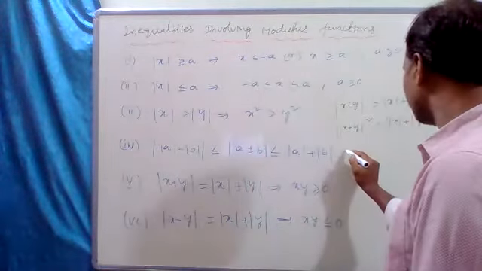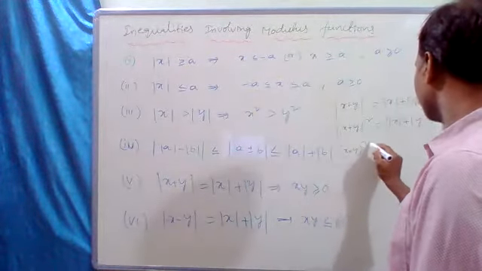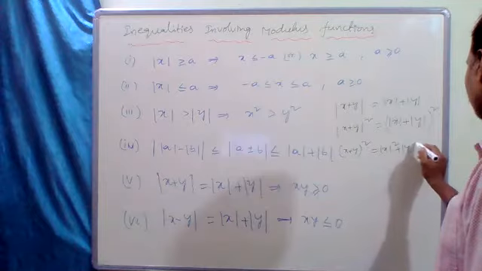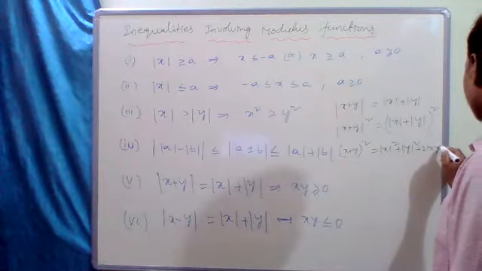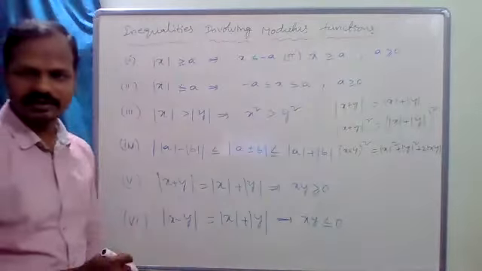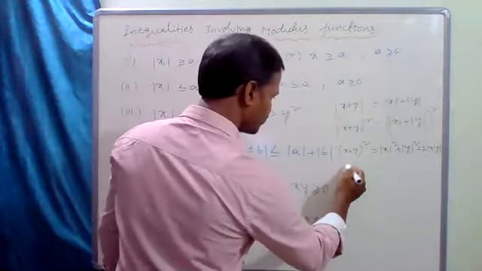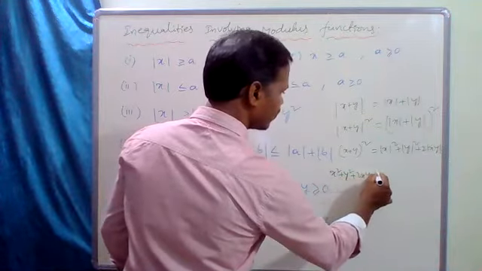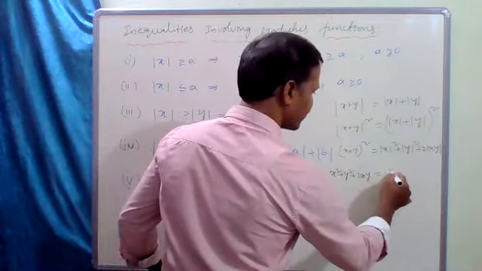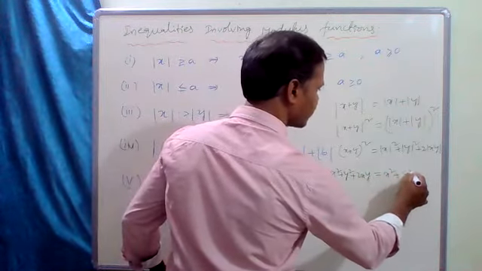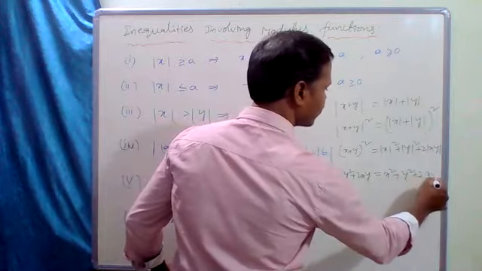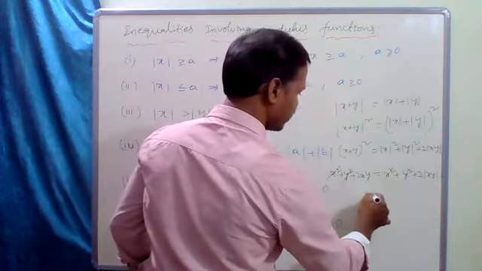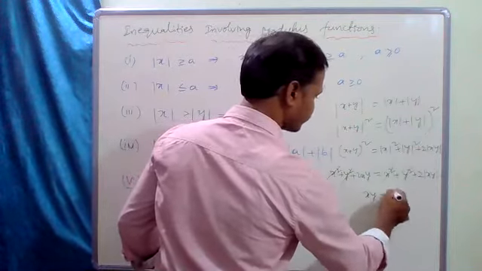So the left side is (x + y)², and the right side is |x|² + |y|² + 2|xy|. So this is x² + y² + 2xy = x² + y² + 2|xy|. So x² and y² will be cancelled on both sides, 2 also cancels. xy = |xy|.